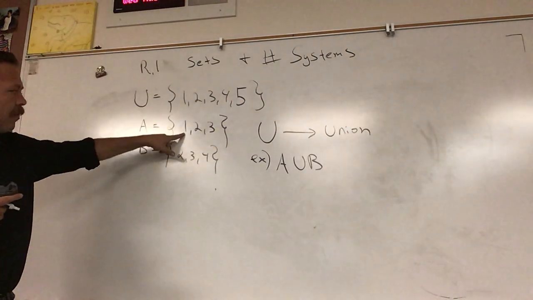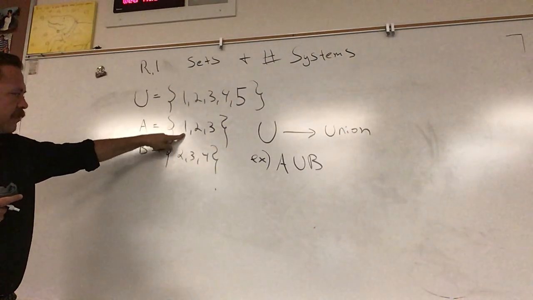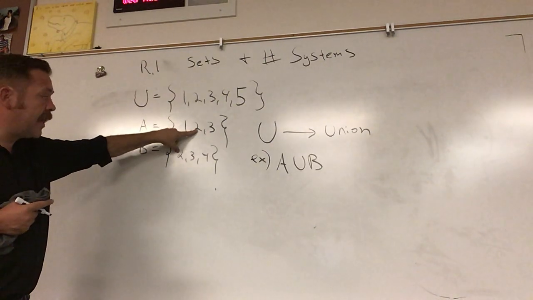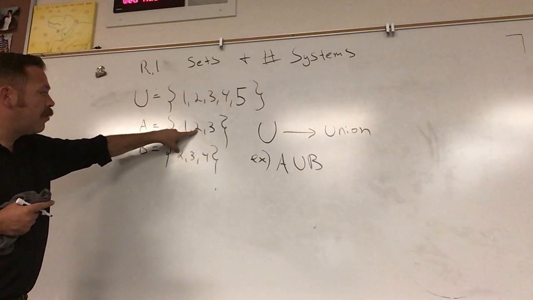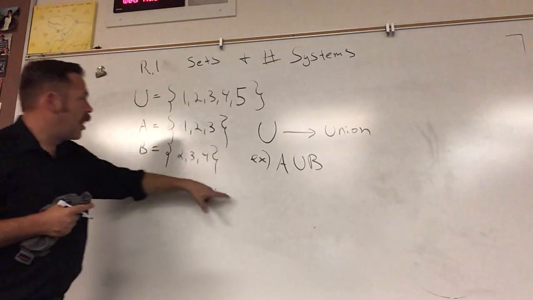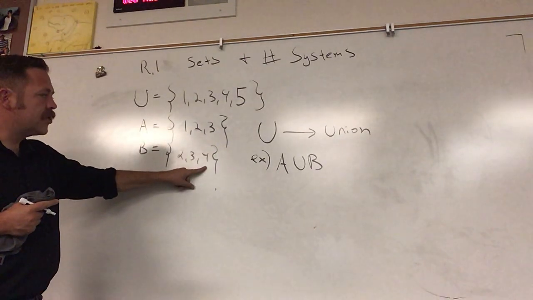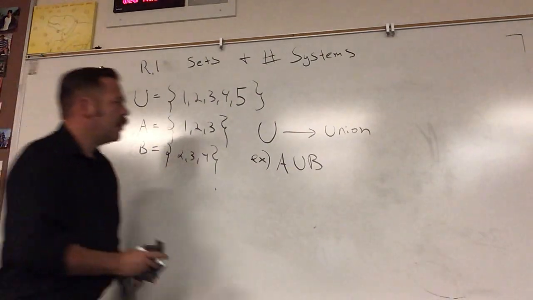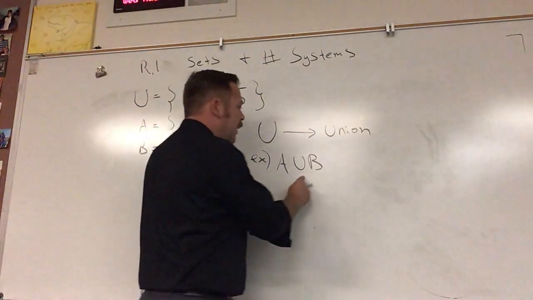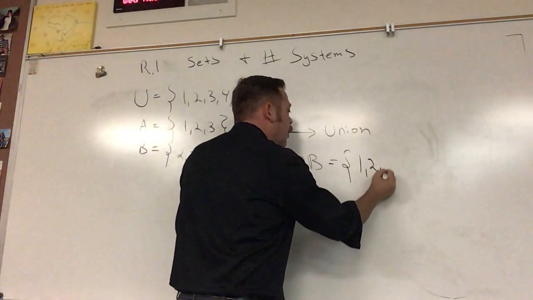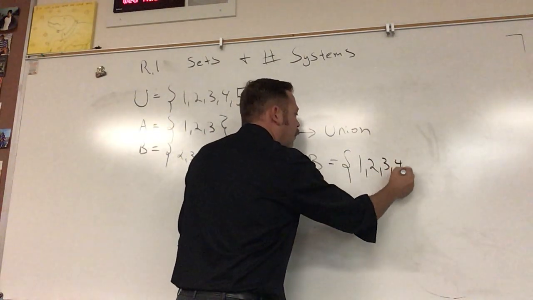Do we have a 1 in either set? Yes, we do. Do we have a 2? We have a 2 in both, but since it exists in either set and it's a union, we're going to count that in the union. There is a 3, and there is a 4 in the B set, so we will also count that number. So the A union with B set would equal 1, 2, 3, and 4.